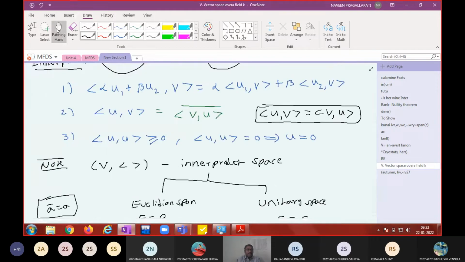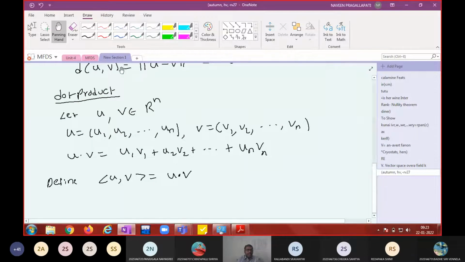The dot product of a linear combination is equal to the linear combination of the dot products. a bar dot b bar equals b bar dot a bar, whenever we are considering a Euclidean space. And the dot product of u comma u is always greater than or equal to 0, and that is 0 only when u equals 0.